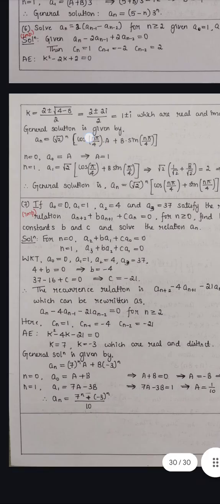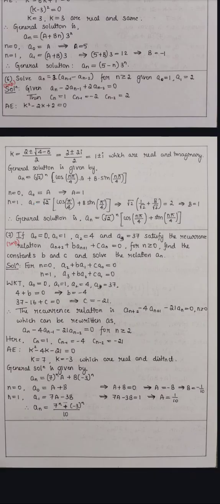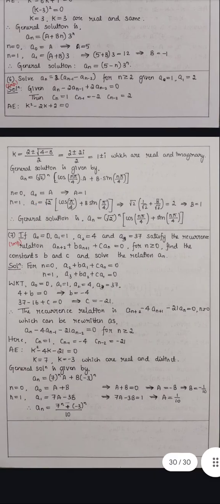The recurrence relation is a_{n+2} minus 4 a_{n+1} minus 21 a_n equals to 0, which can be rewritten as a_n minus 4 a_{n-1} minus 21 a_{n-2} equals to 0. c_n equals to 1, c_{n-1} equals to minus 4, c_{n-2} equals to minus 21. k square minus 4k minus 21 equals to 0, k equals to 7, k equals to minus 3, which are real and distinct.